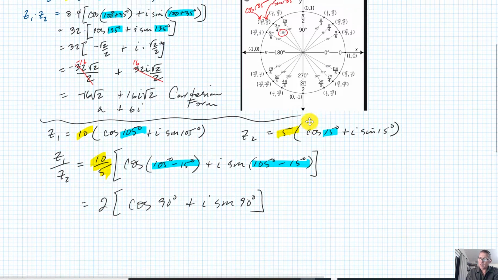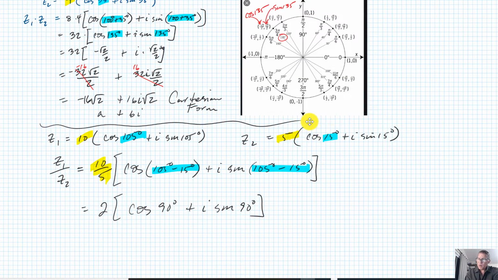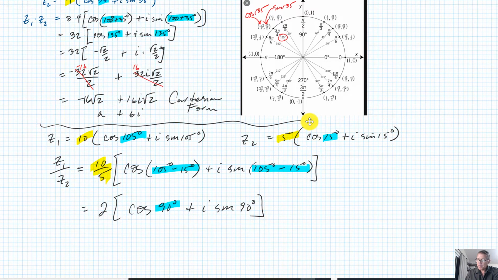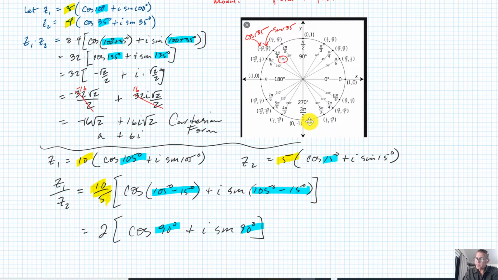And then you have to evaluate that, right? So we look at the unit circle, and we see up at the very top is the 90 degree angle. The cosine of 90 degrees is 0. And we look at the y-coordinate, and the sine of 90 degrees is equal to 1.